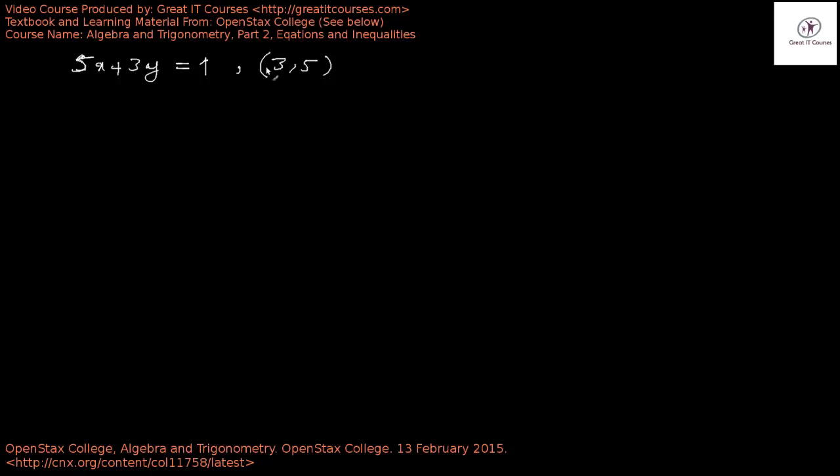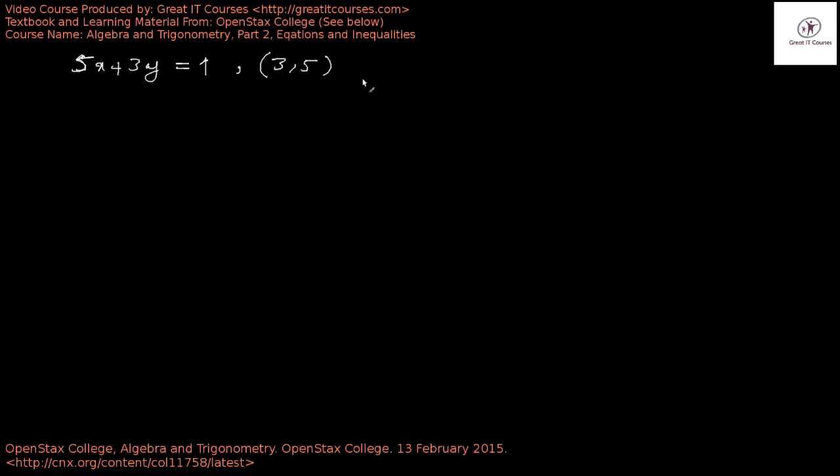So again, what the problem is, I have the equation of a line. I already know this. So now they want me to find the equation of a new line which is parallel to this line and passes through this point.